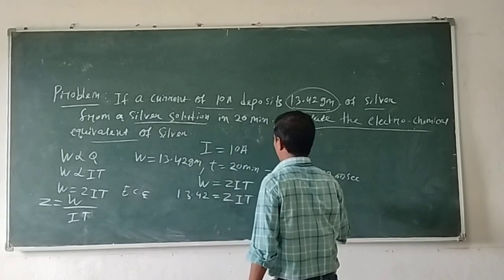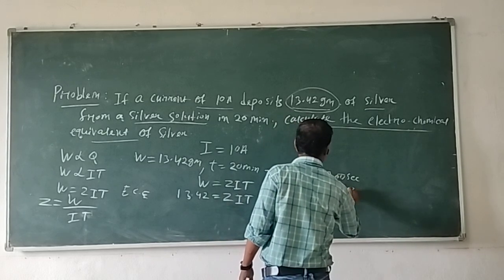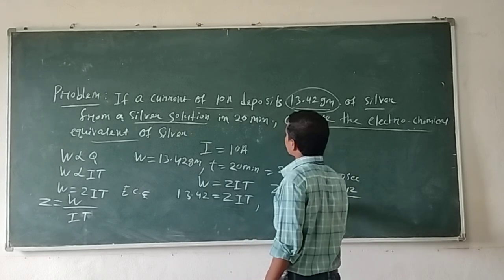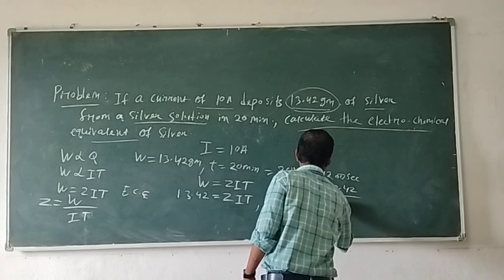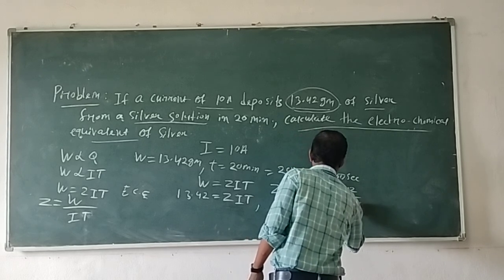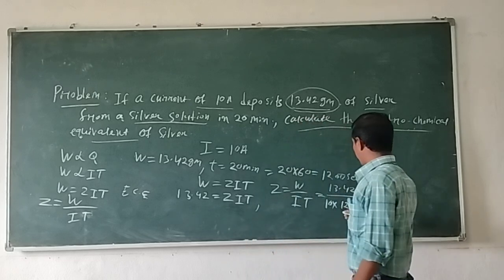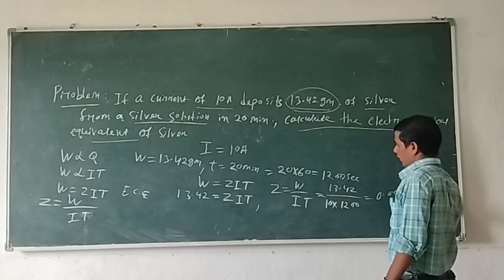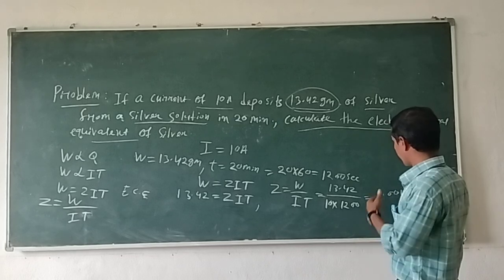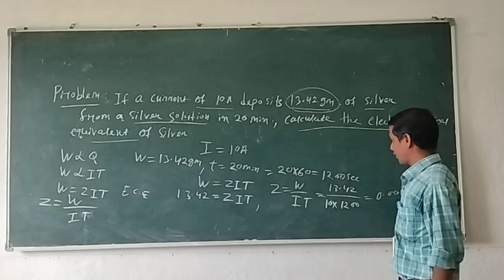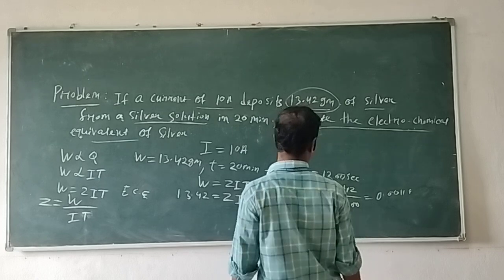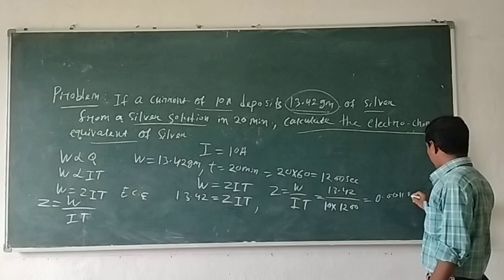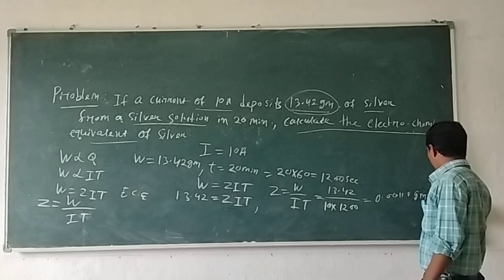W is 13.42, divided by 10 into the time, 1200. So this will come to 0.0011 gram per coulomb of charge.